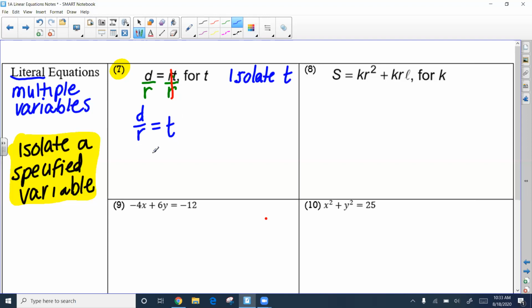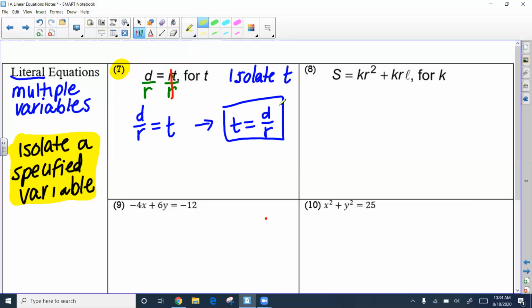So as you can see, the T is actually already by itself. So we're actually done with this problem. However, when we write our answer, usually, again, I wouldn't mark you wrong if you wrote it this way, but usually we would write the variable that's by itself on the left so that it's in the form T equals D over R. As you can see, those are exactly the same thing.